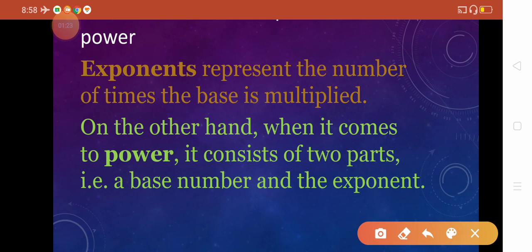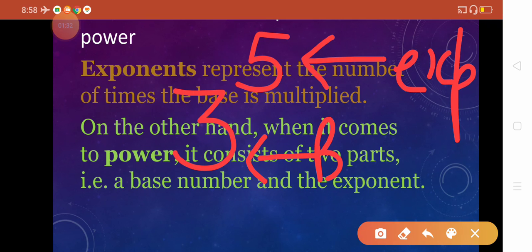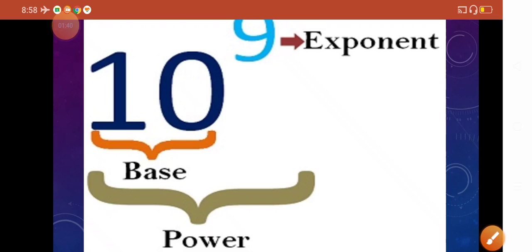So what is the difference? If you have written 3 raised to power 5, here 5 is known as the exponent, 3 is known as the base, but this complete value is known as the power. Clear? One more example: 10 raised to power 9.